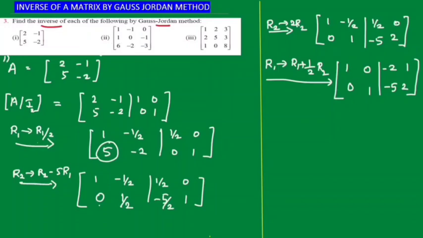Now the matrix so formed is of the form I and A inverse. So we get A inverse equal to [-2, 1; -5, 2].